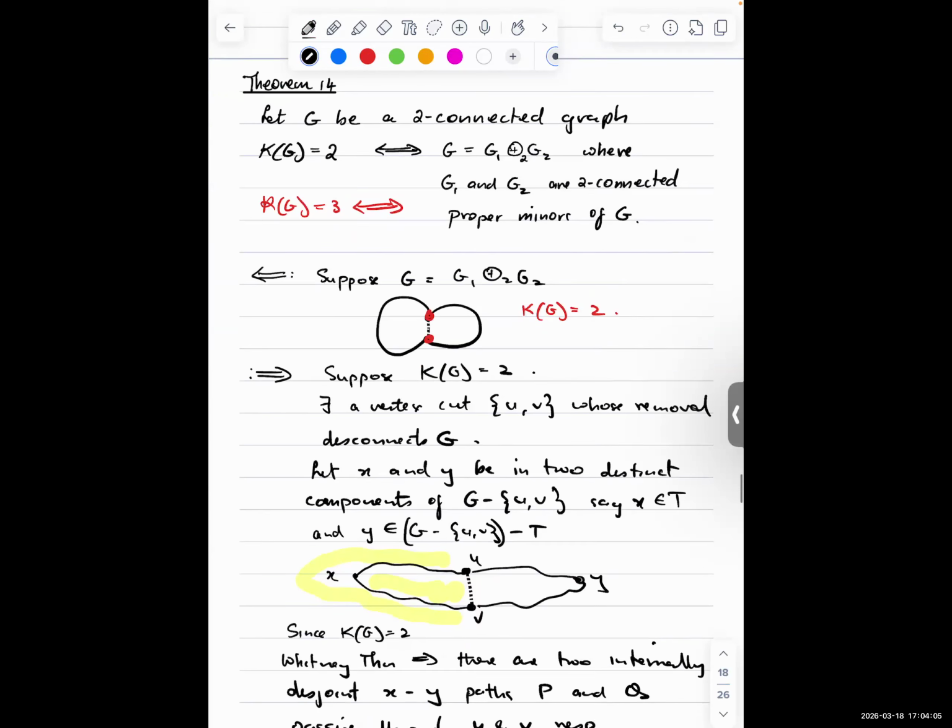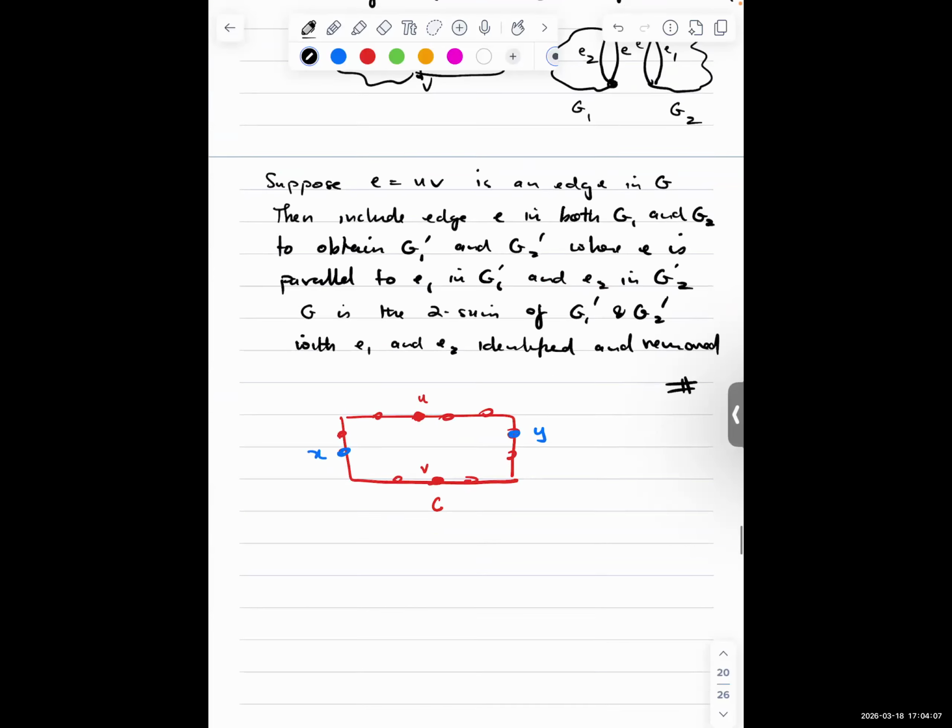It's like this figure exactly as it is. What you do to get one side is you take all of this and contract it down to an edge. So you get this, everything contracted down.